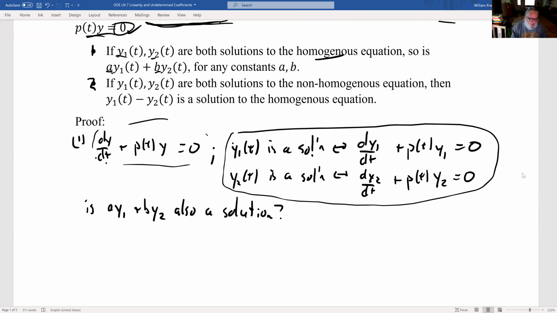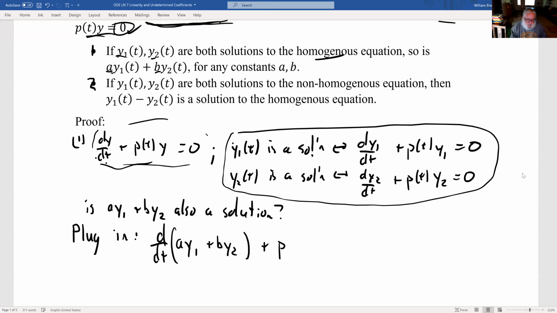So how do we check and see if that's a solution? Well, we plug it in. The derivative of the thing that we want to be a solution plus p(t) times the thing that we want to be a solution equals, with a big question mark, 0.